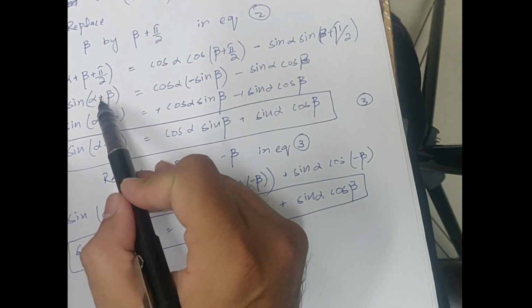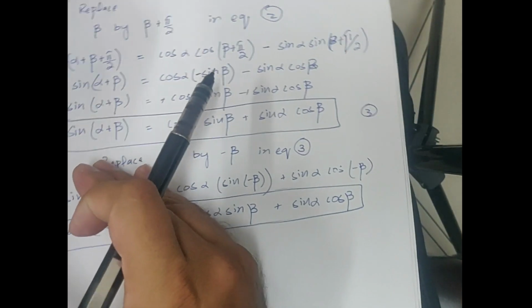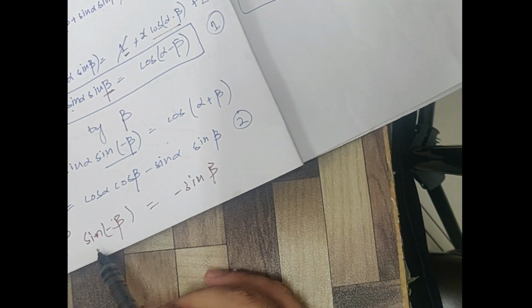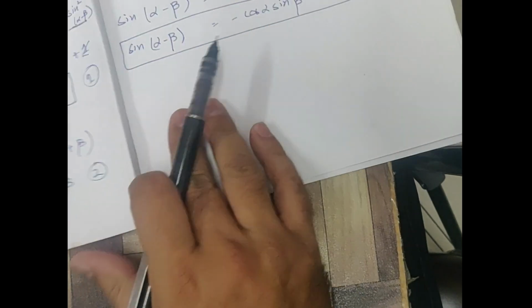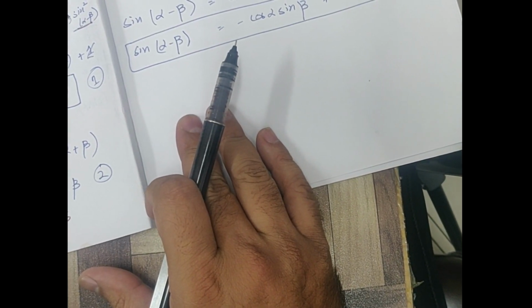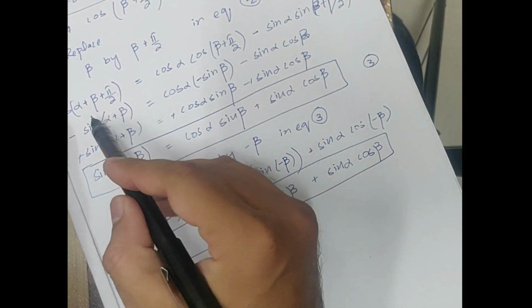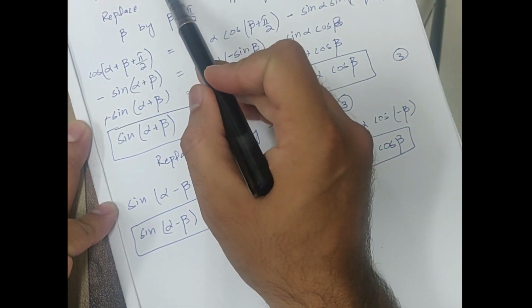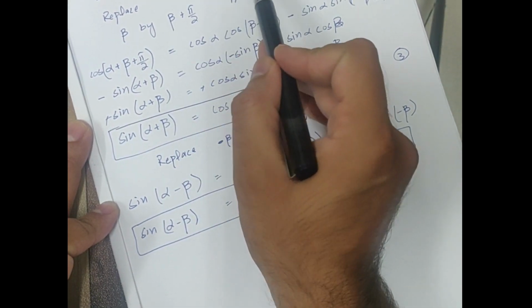Okay, now if we simplify this, we've already established in this formula that cos of any angle plus pi by 2 is equal to minus sine of that angle.